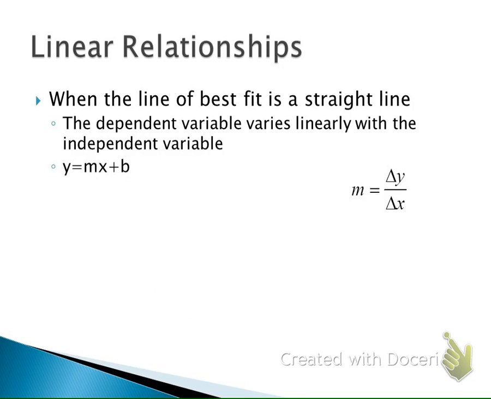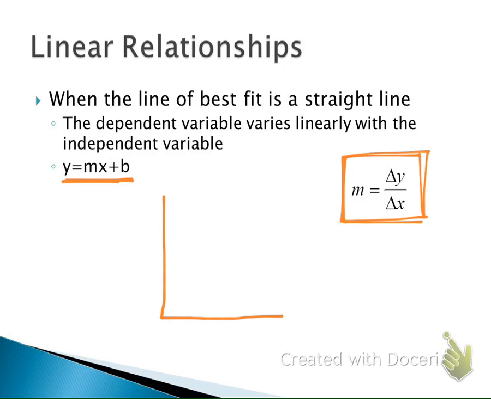The equation for that line is y equals mx plus b. Finding the slope of a linear relationship is rise over run, delta y over delta x. If I ask you to find the slope of a graph that has a linear relationship, you should be able to very quickly give me rise over run.